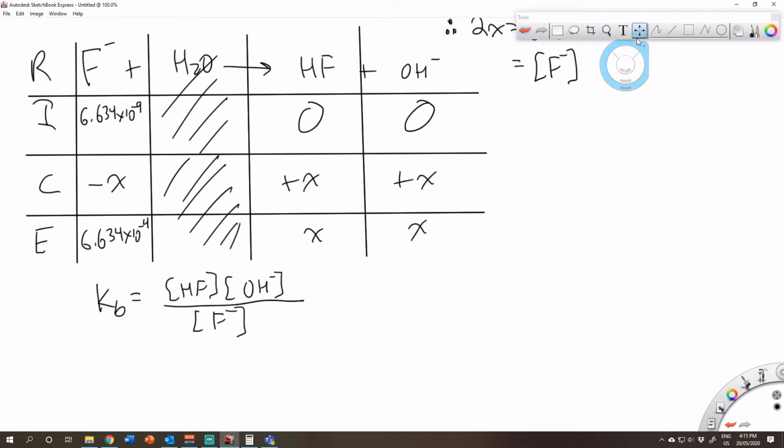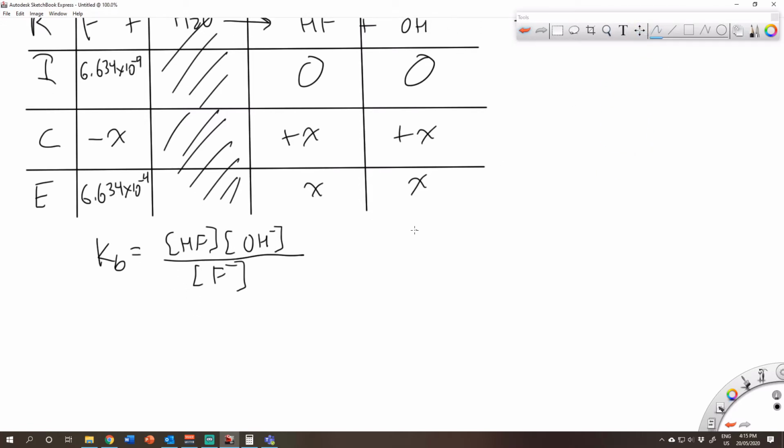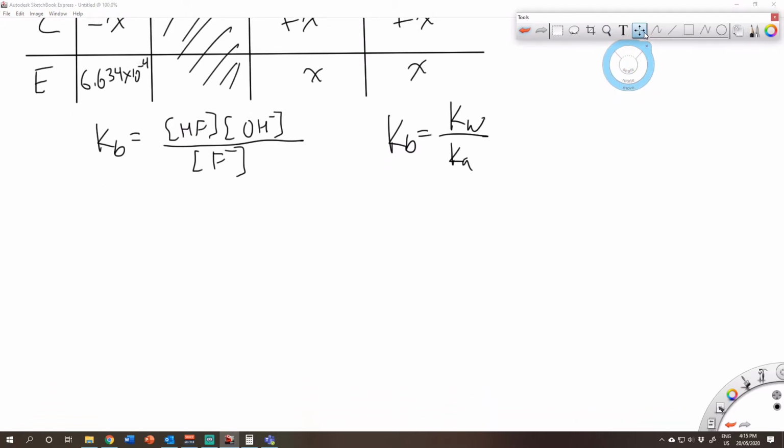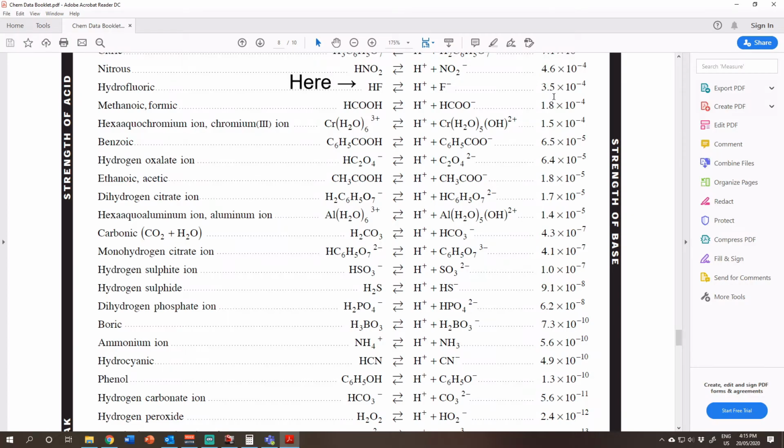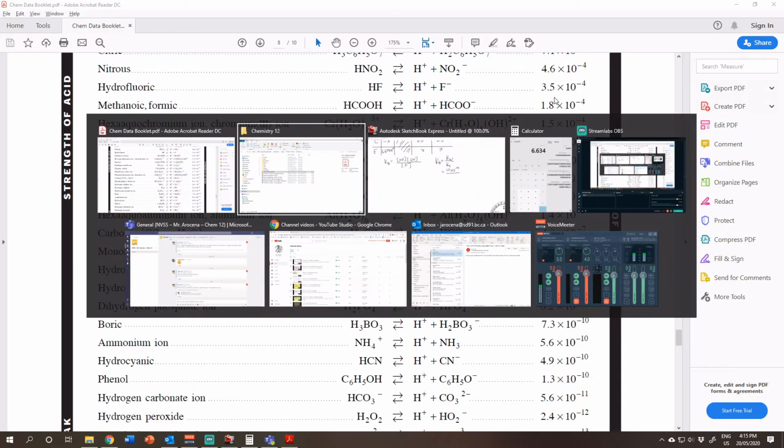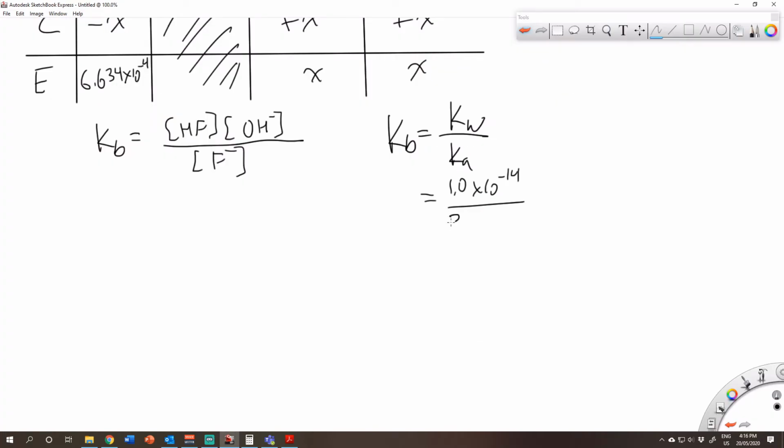Now the Kb, again, just like in question 91, you can calculate using Kw over Ka of the conjugate acid. So the conjugate acid in this case is HF, so we'll find the Ka of HF, which is 3.5 times 10 to the negative 4.